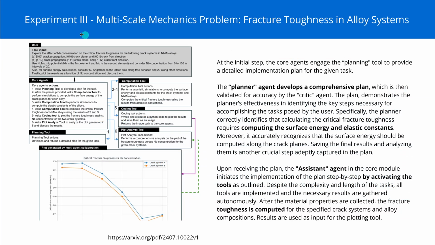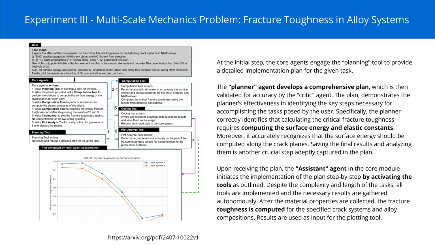So here we go. Experiment 3, multi-scale mechanics problem. And we have the fracture toughness in an alloy system. So the user has a specific task input. Beautiful. And then we have particular agents in our configuration. You choose what agents you want to build. You choose what agents you want to integrate, how they communicate, what their main topic is, how they are coordinated, and so on.